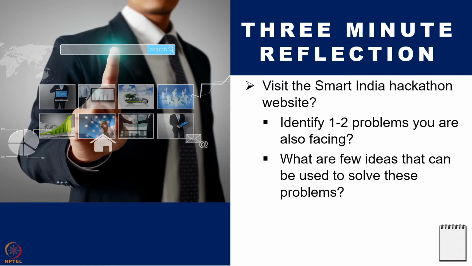And then it will get you started thinking about problems and solutions, which is the first step towards doing a technology startup. So please visit the website, look at the problem statements, choose one or two, and then write it down in a course journal and start thinking about it. So please reflect for 3 minutes.